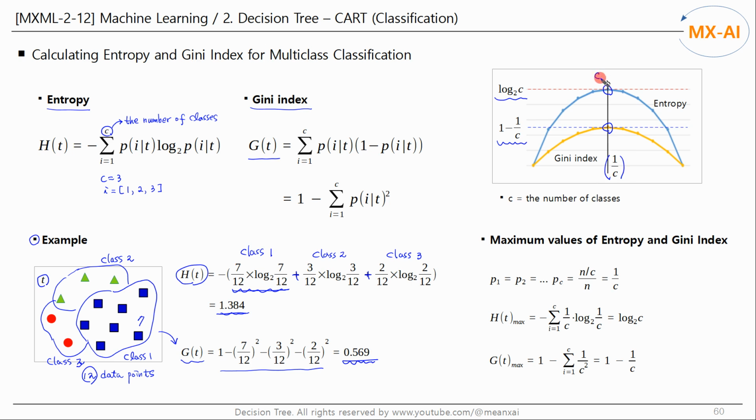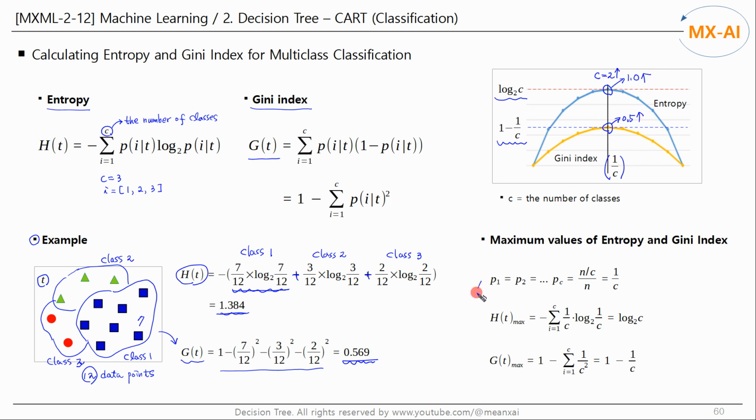In binary classification, since the number of classes is 2, the maximum entropy is 1.0. And the maximum Gini index is 0.5. When the number of classes is greater than 2, the maximum entropy becomes greater than 1. And the maximum Gini index becomes greater than 0.5.